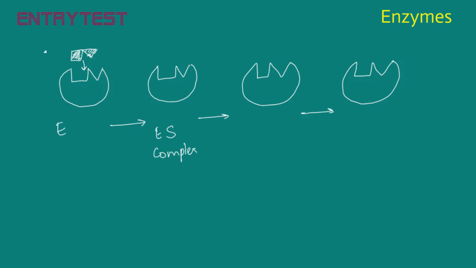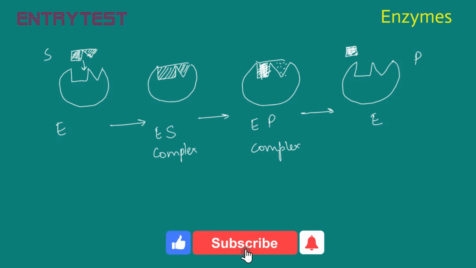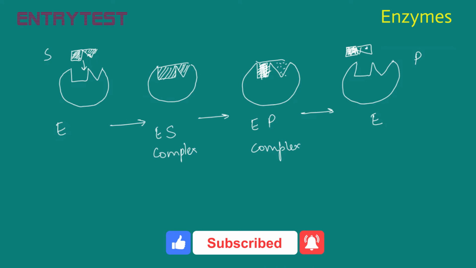So it's going to look like this. The next step is that it will become the enzyme product complex. So let's suppose this is the product. And the next step is that the enzyme and the product get separated. So this is the product that gets separated.